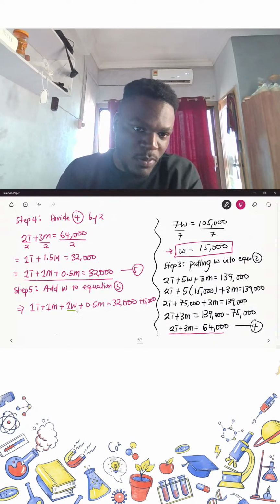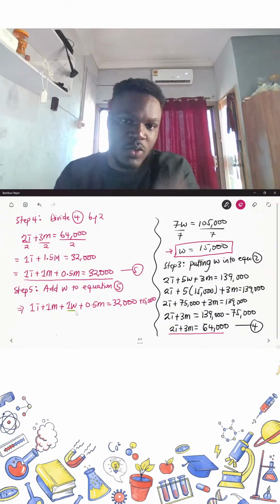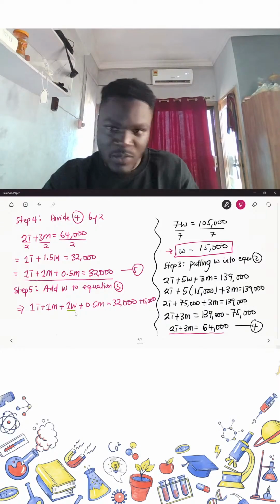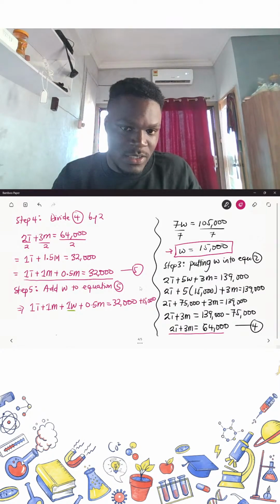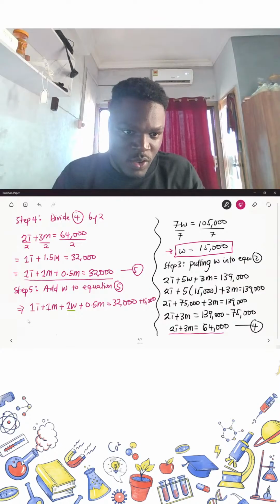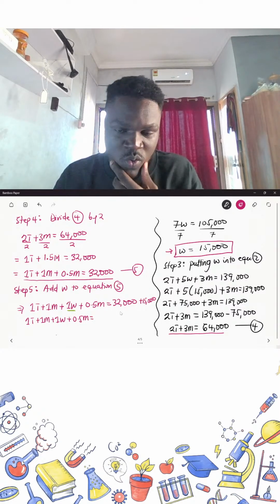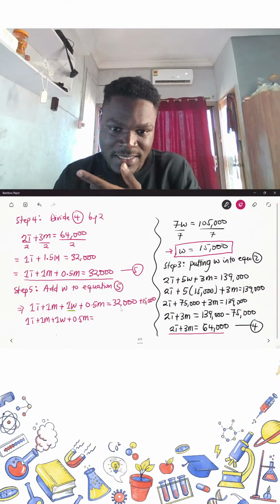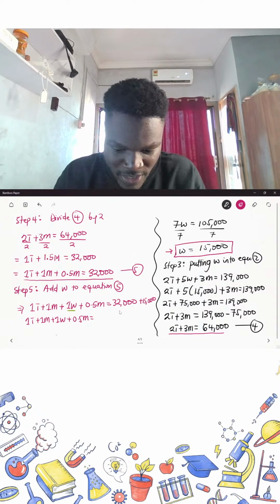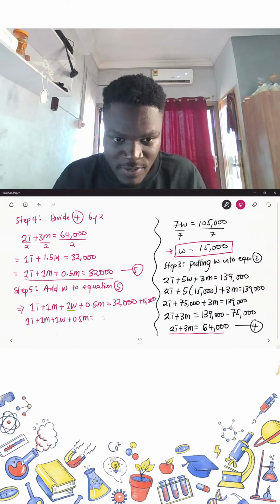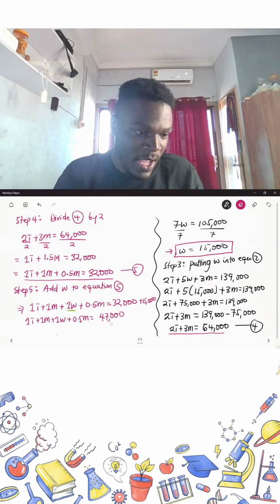So if we add 1W to the left hand side, we need to add 15,000 to the number side, which is the 32,000. Therefore we have 1t plus 1m plus 1w plus 0.5m equal to 32,000 plus 15,000. That will give me 47,000. Are you okay?